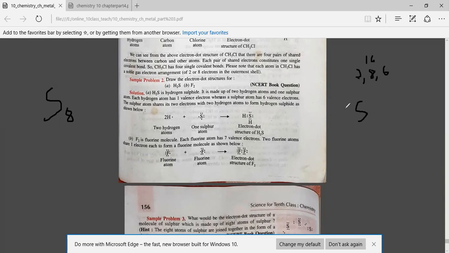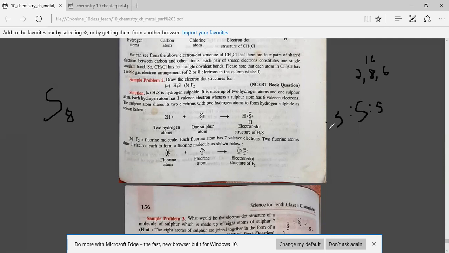A chain is possible only when this sulfur is sharing 1 electron with one sulfur, and 1 electron with the other sulfur. The same is happening with this sulfur.